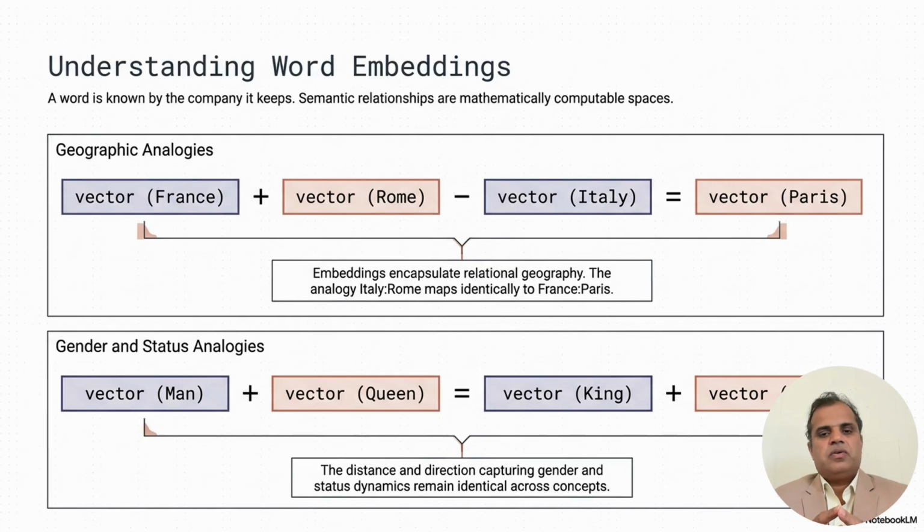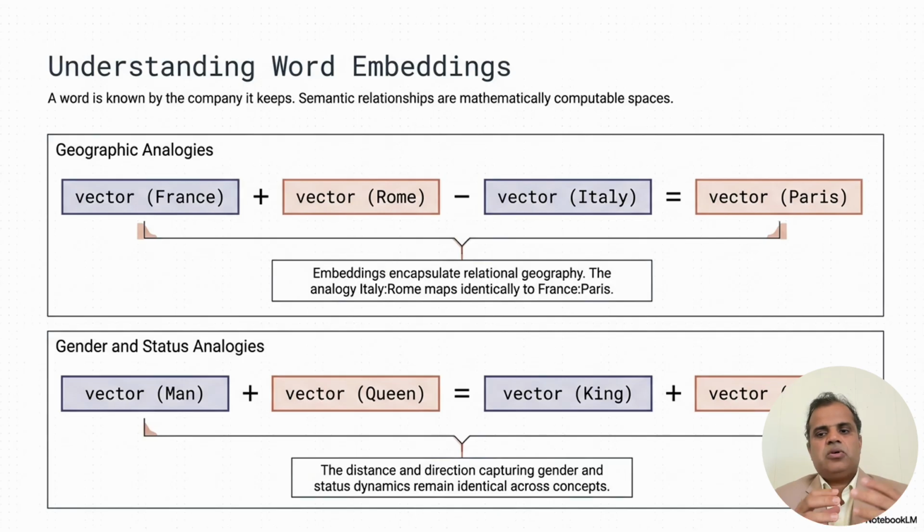At its core, word embedding is a learned representation where each word exists as a vector in an n dimensional space. The magic of this approach is that it allows us to compute analogies through simple vector algebra. For example, if we take the vector for king, subtract man, and add woman, the result is mathematically closest to queen.